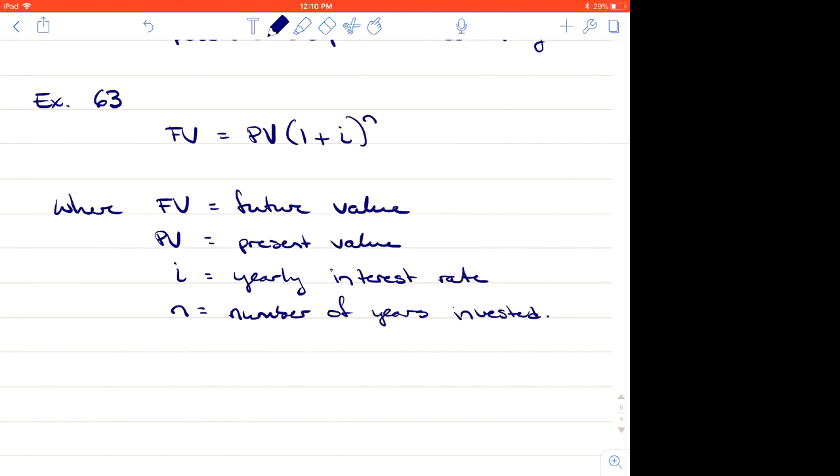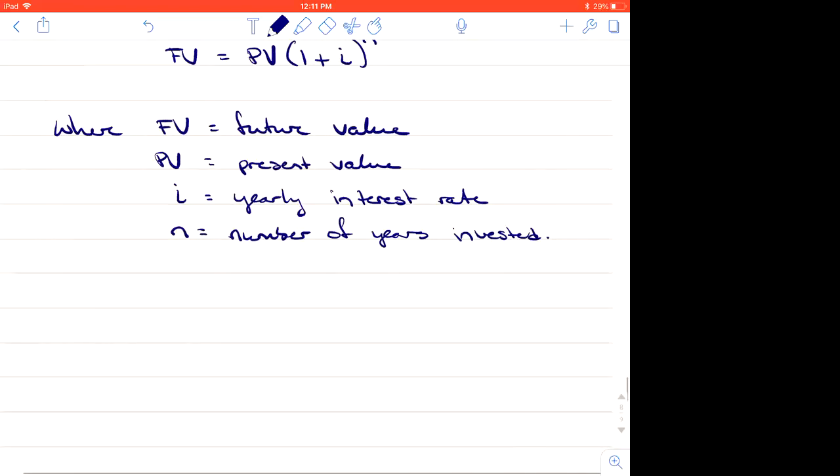And then at some interest rate, it sits there for some amount of time. And at the end of it, you have some future value, right? And so we're going to work on, okay, how do we calculate the future value, the present value? So we can calculate all of these 4 terms as long as we have the other 3, right?